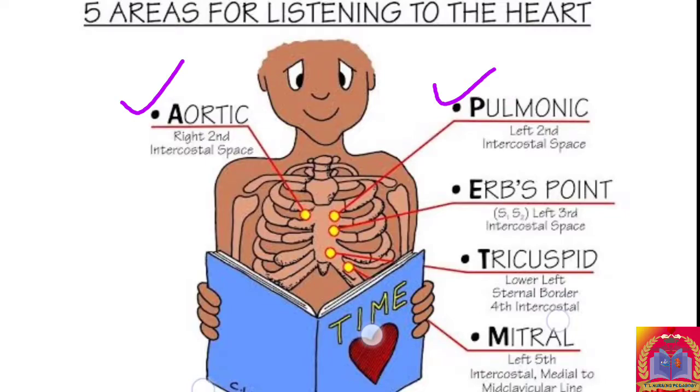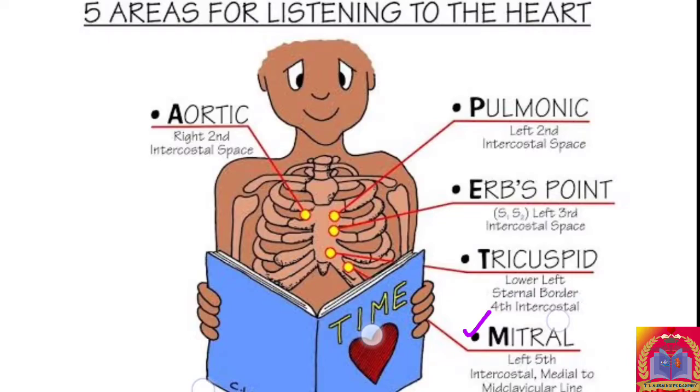And the third is Erb's point, which is located in the left third intercostal space. Then comes the tricuspid area, which is located at the lower left sternal border in the fourth intercostal space. The last one is the mitral area, which is located in the left fifth intercostal space, medial to the midclavicular line.